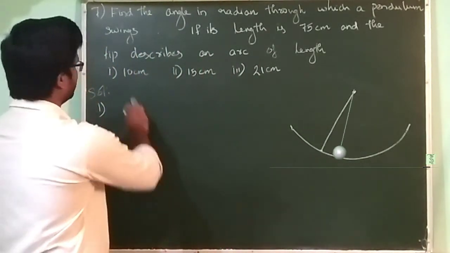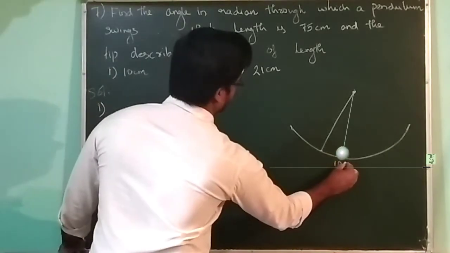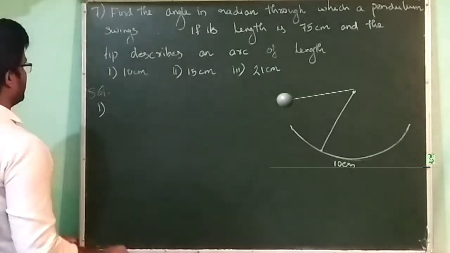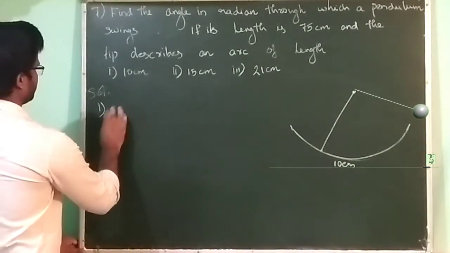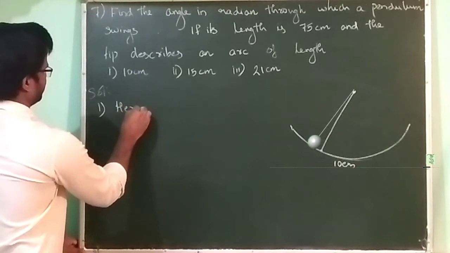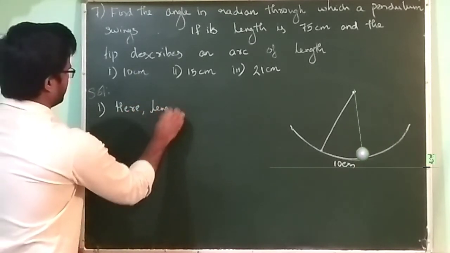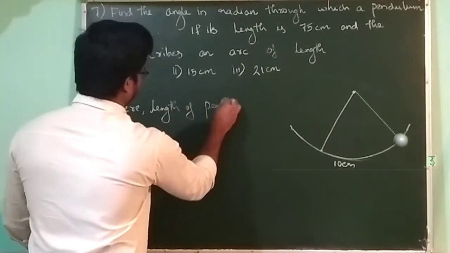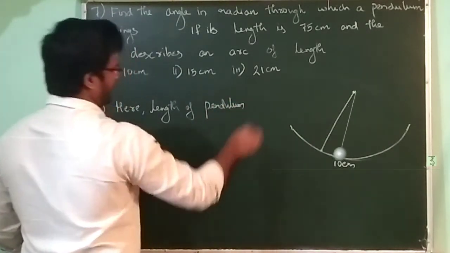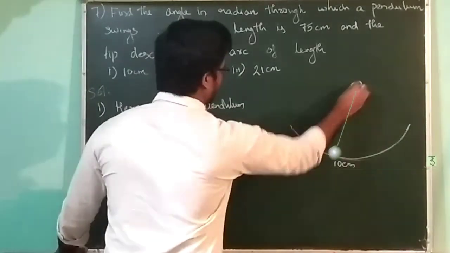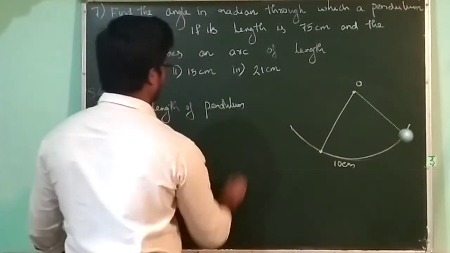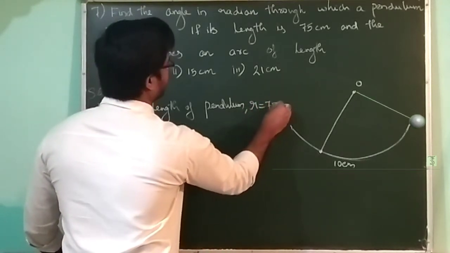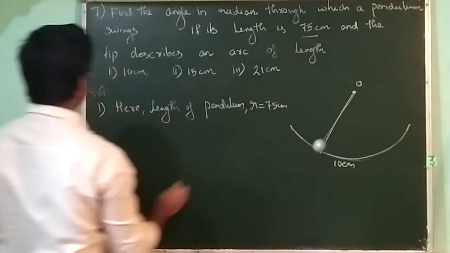Then see the slide. The first arc length is 10 centimeter. In the first case, we can write length of pendulum. Length of pendulum means from this center up to here, the radius of the arc, isn't it? R equal to 75 centimeter, already given here.